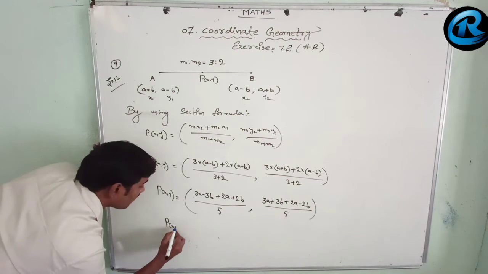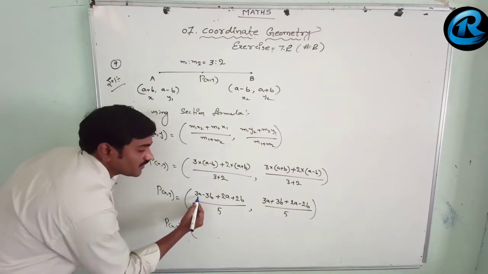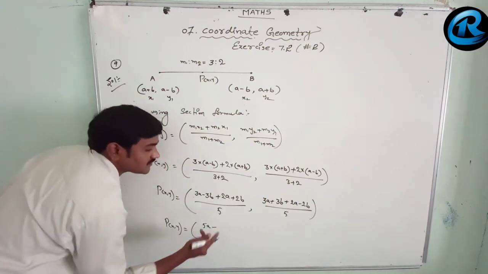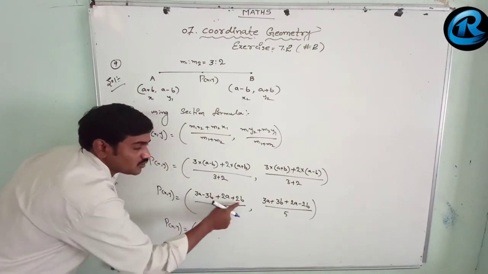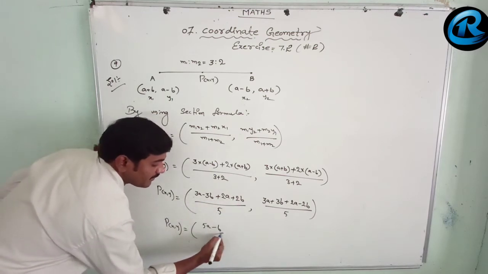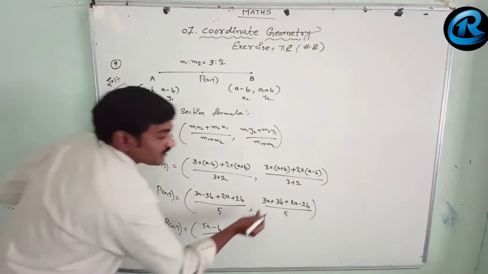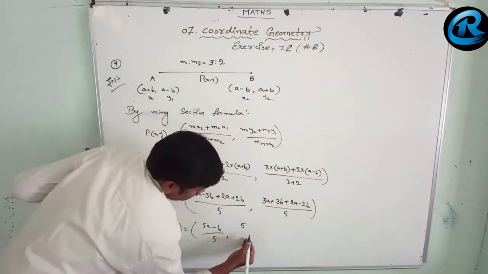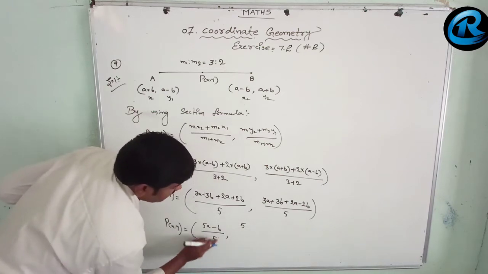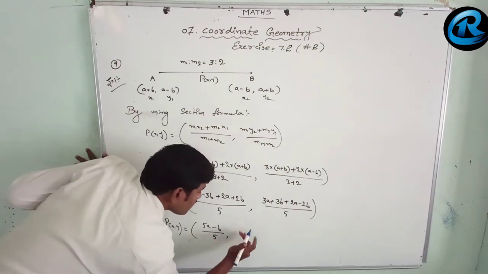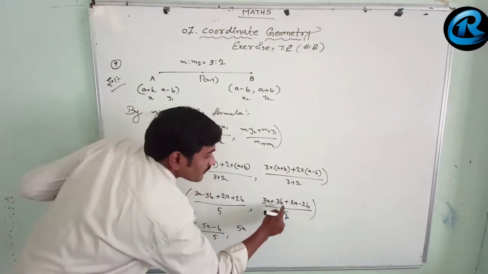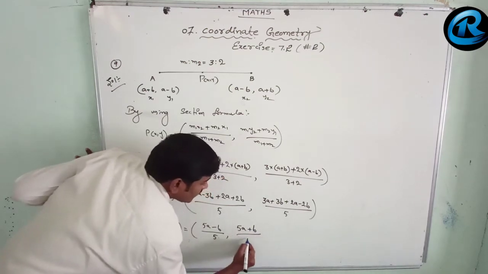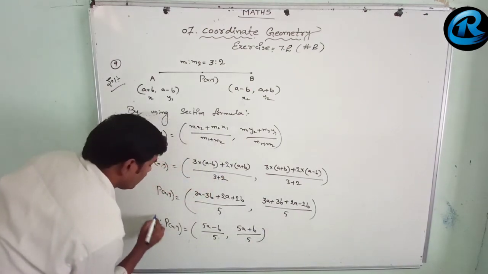Now P x comma y is equal to 3a plus 2a, that is 5a, minus 3b plus 2b, that is minus b, by 5, comma, here 3a plus 2a is 5a again, and 3b minus 2b is plus b, by 5.